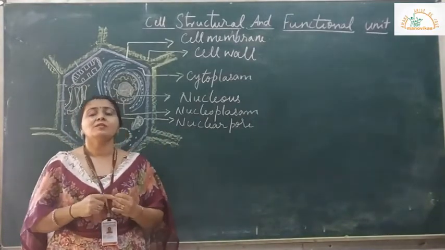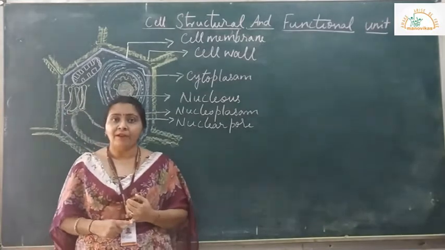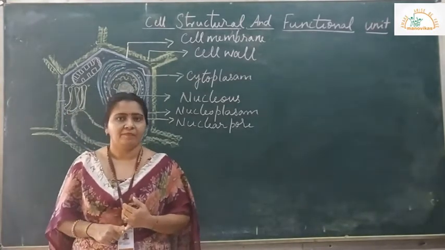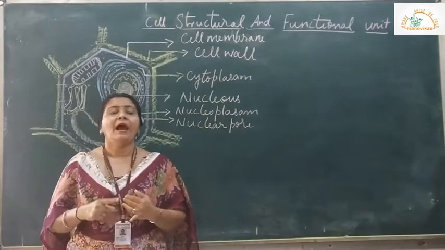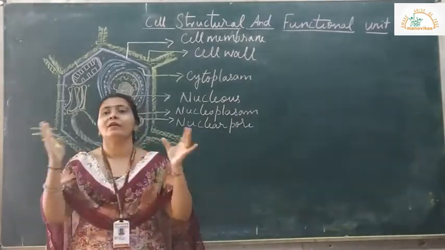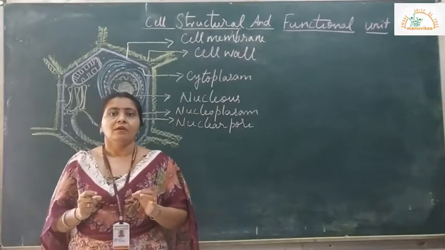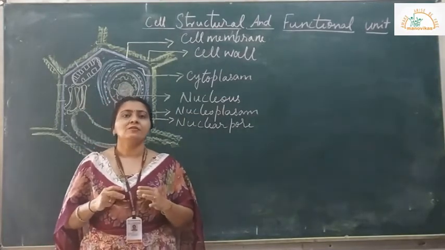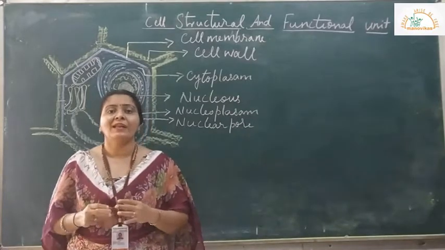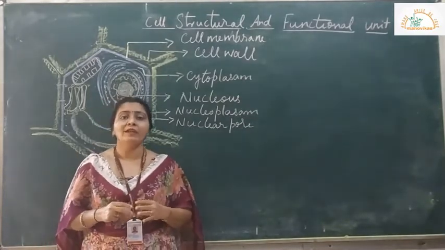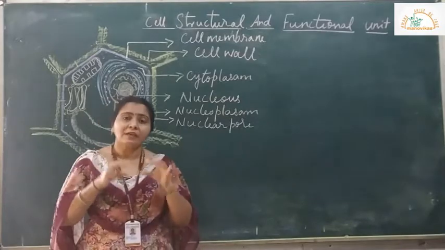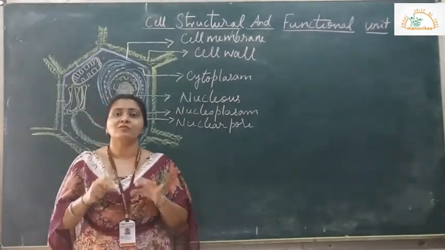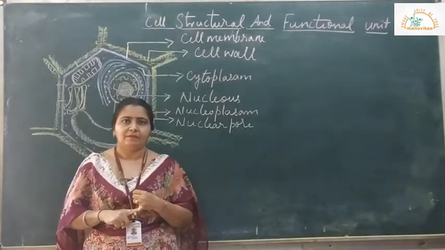The cell is bounded by a thin membrane called the cell membrane, which encloses all the living contents, that is, the protoplasm. The protoplasm contains a jelly-like substance called the cytoplasm, and the cytoplasm is the place where all chemical reactions take place inside the cell.